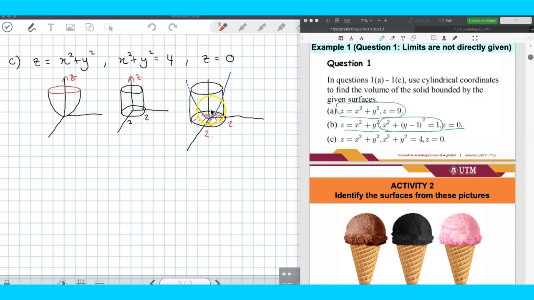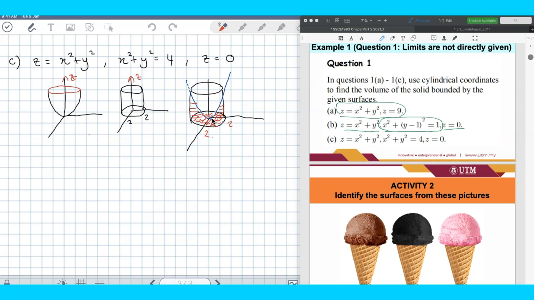So if we read again, the volume is bounded by the surfaces of the bowl and the cylinder, and z equal to 0. So where is your solid? Your solid is actually inside here, this one and that one.